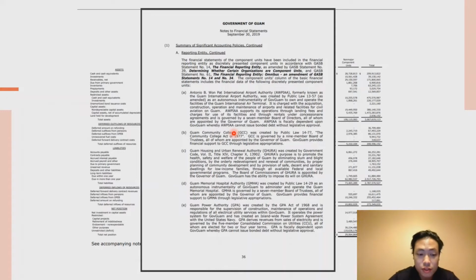GovGuam also provides financial support to GCC through legislative appropriations. Under Section 2100 of the GASB codification, it must be reported as a component unit of the financial reporting entity because the majority of its board, or in this case the entirety, is appointed by the governor, who is a part of the primary government.